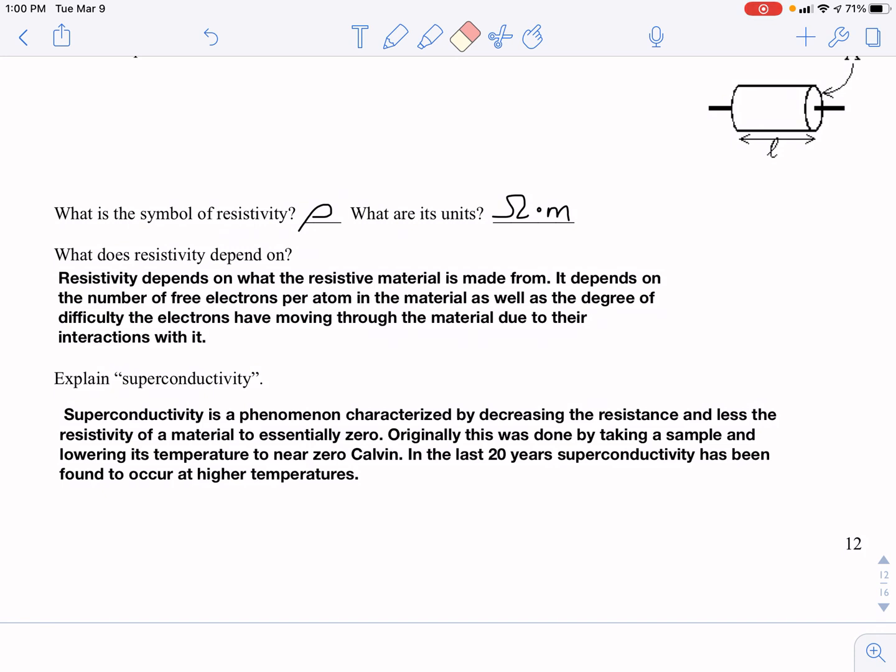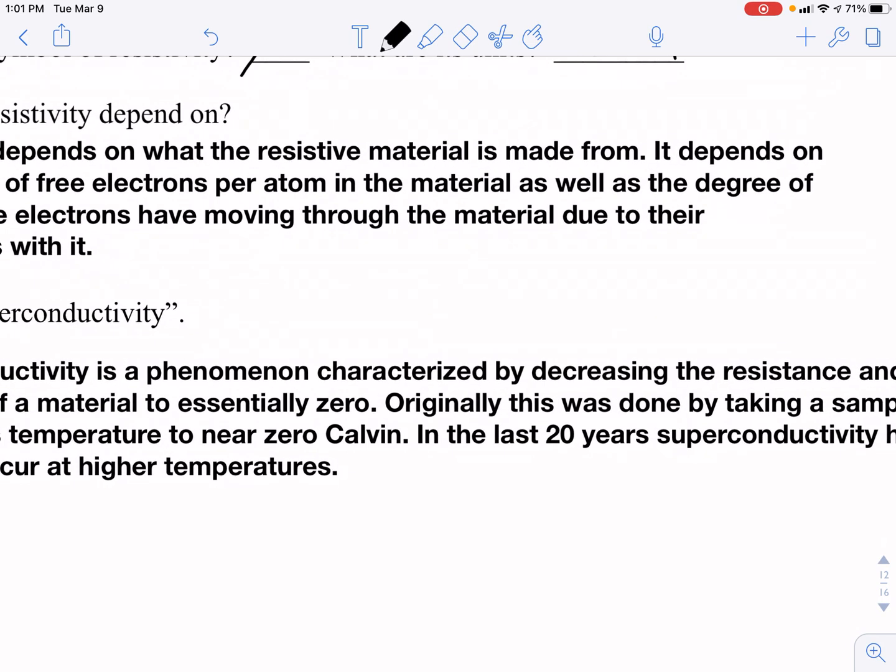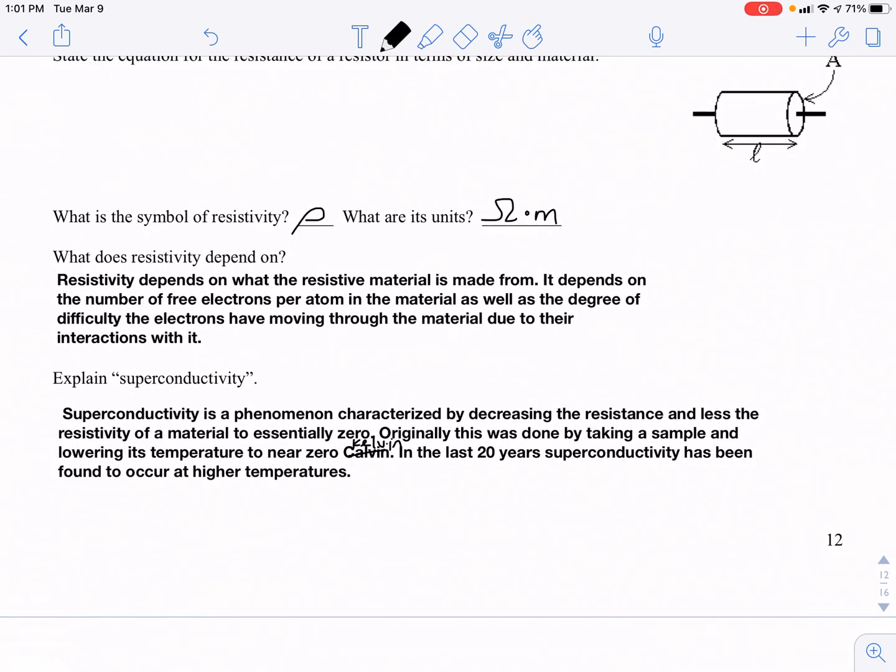Upon doing this, it was discovered that the resistance dropped to zero, and thus the resistivity had to drop to zero, leading to superconductance. In the last 20 years, little typo there, superconductivity has been experimented with and has been found to occur at much higher temperatures, such as 135 Kelvin.